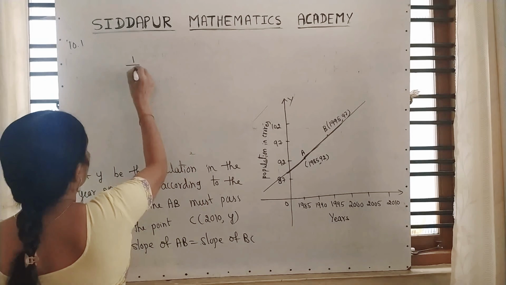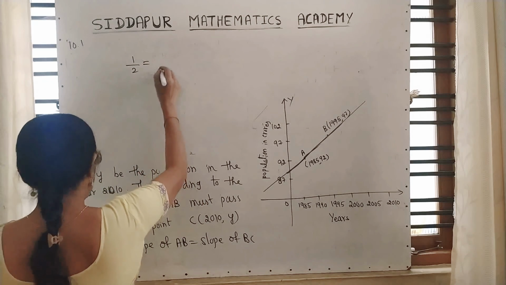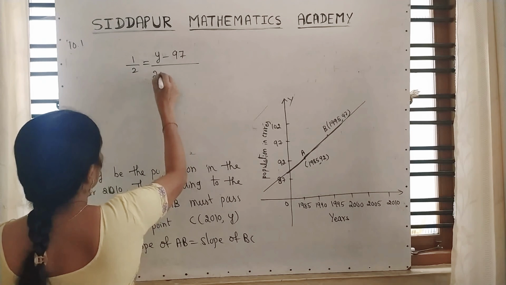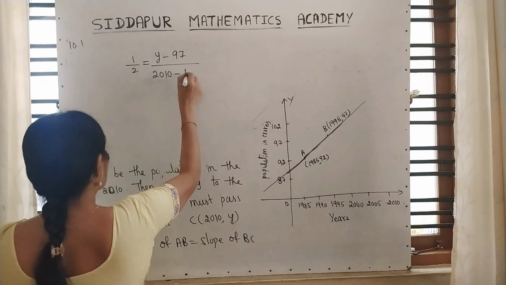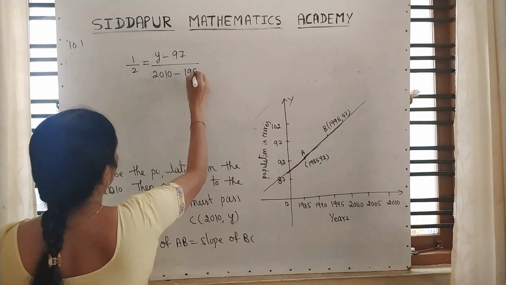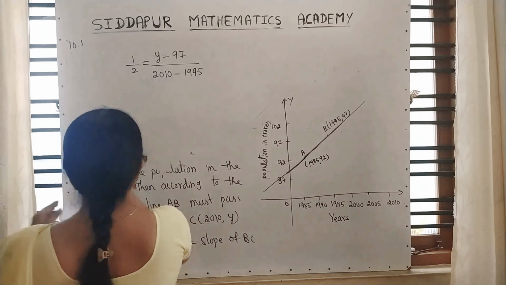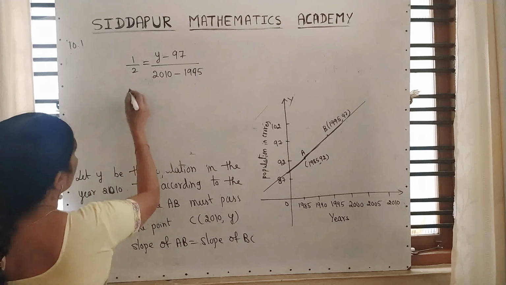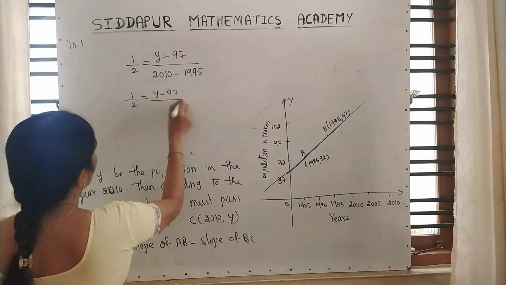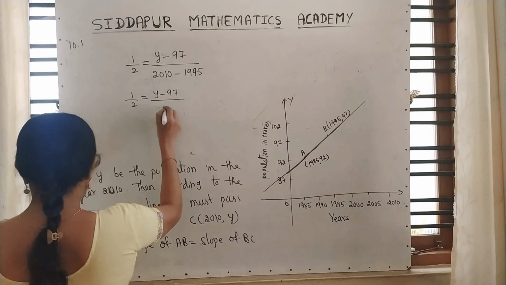Slope of AB is 1 by 2. Slope of BC is y minus 97 upon 2010 minus 1995. Simplify and cross multiply. This is 15.